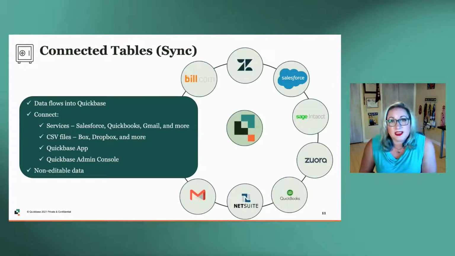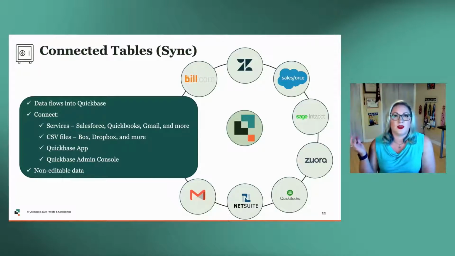So a bit more on our connected tables. If you've never used these, it allows you to get data from an external system and bring it into Quickbase. So we connect to Salesforce, Zuora, NetSuite. You can do CSV files from Box and Dropbox. You can get data from another Quickbase app, and you can also create what's called the Quickbase admin console, where that allows you to sync in user data and application data and access data.